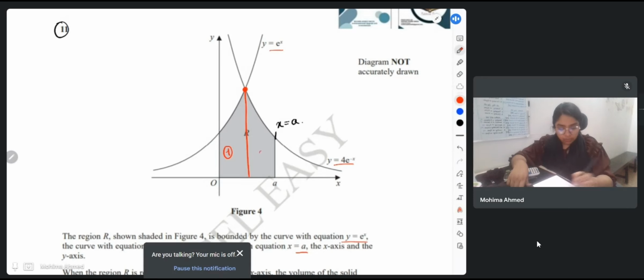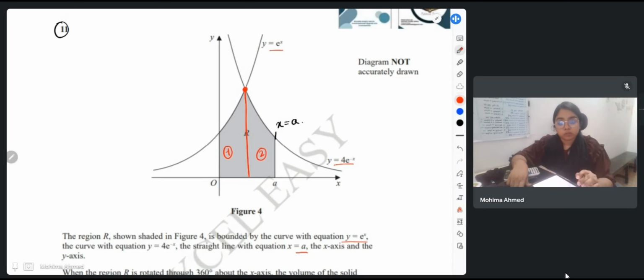And the second region is bounded by 4 e power minus x, the x-axis, and this line over here, the red line, x equals a. This is the region for the second part.